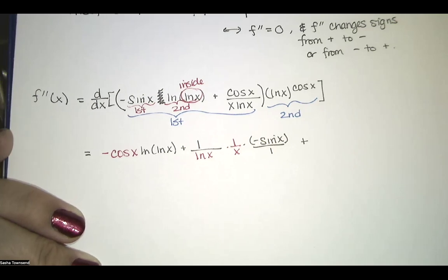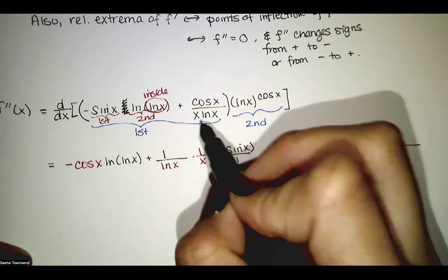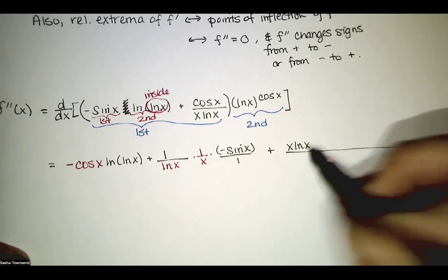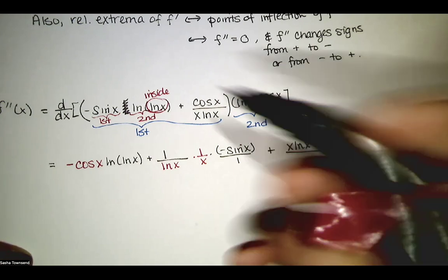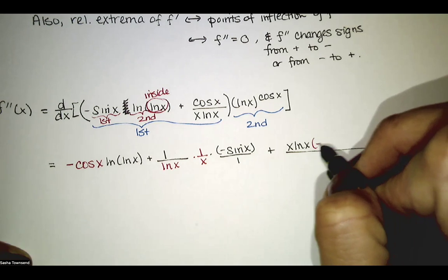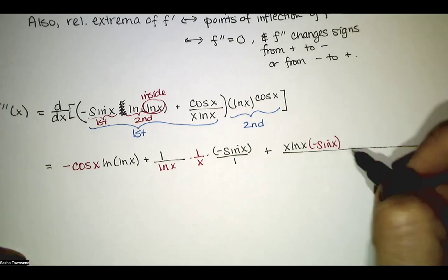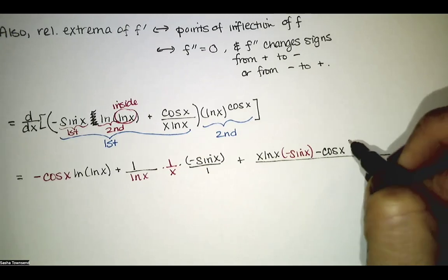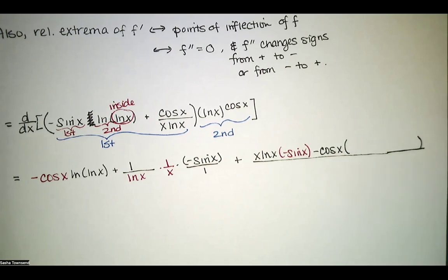And the derivative of that expression requires the quotient rule. According to the quotient rule, it's low d high, so the bottom function times the derivative of the top function. The derivative of the top function is the derivative of cosine, which is negative sine of x, minus the top function. And then d low requires the product rule, so I have some big open parentheses for that.